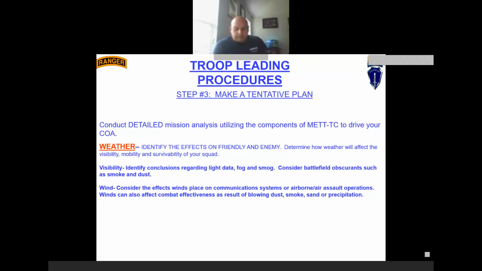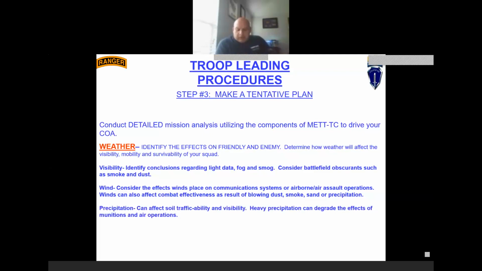That's good. Okay. Next, precipitation. Precipitation affects soil trafficability, visibility, and functions, and may affect optical sights. Heavy precipitation can reduce the quality of supplies in storage. Heavy snow cover reduces effectiveness in many communications systems as well, and will degrade the effectiveness of many ammunition operations.